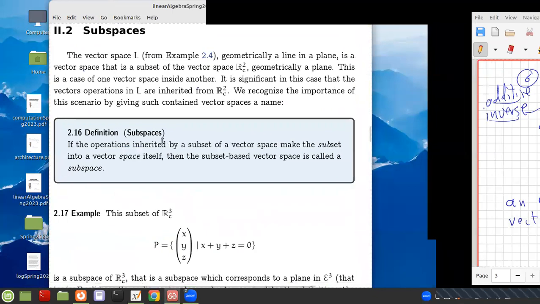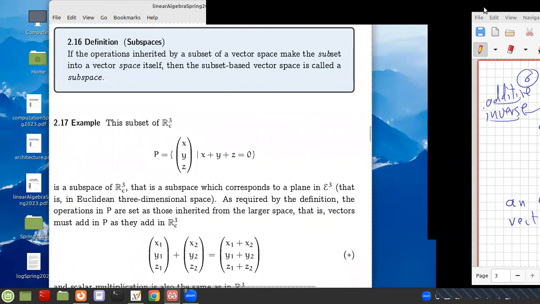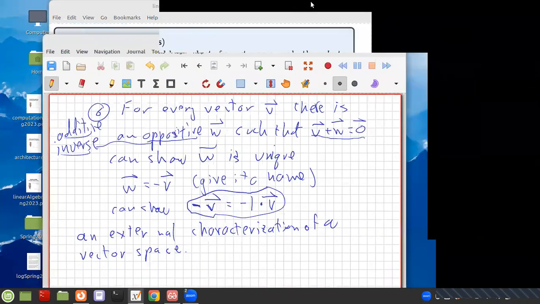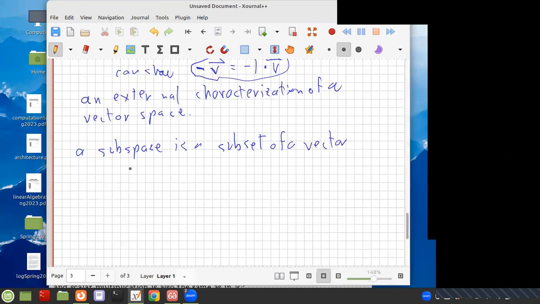The key idea is that a subspace is a subset of a vector space that is also a vector space.